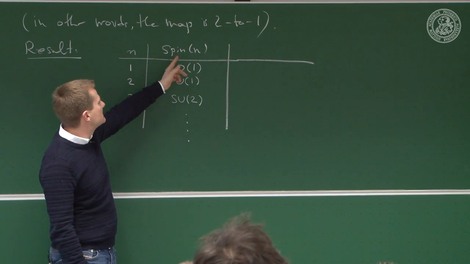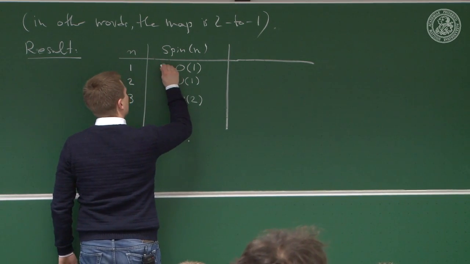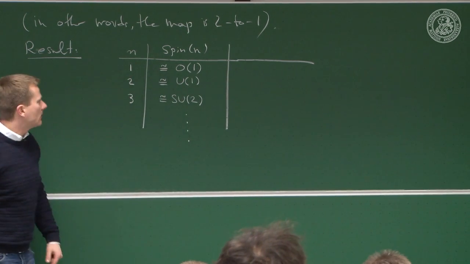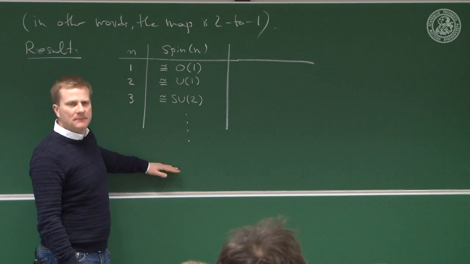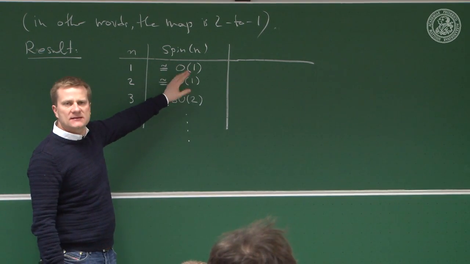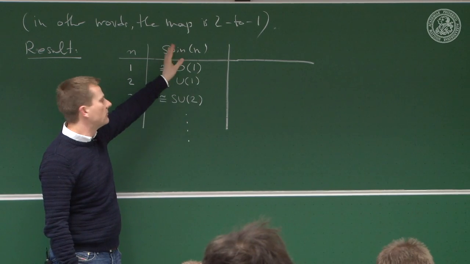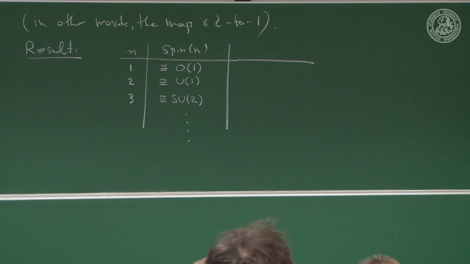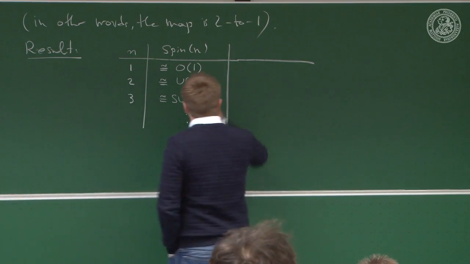So we have spin n as a group isomorphic to, okay, but in some dimensions there is simply no other simple classical Lie group where this fits in. At least not in this simple way.